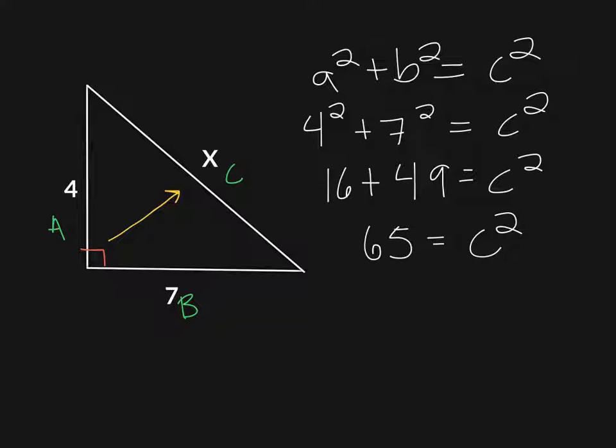Now the last thing that we need to do, and once again this is very important, is take the square root of both sides. And we can say that the square root of 65, if you put it in your calculator and round it to a nice number, I'll give you guys 10 seconds to do that real quick.